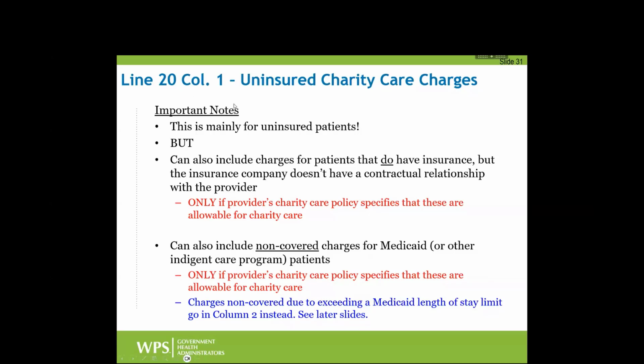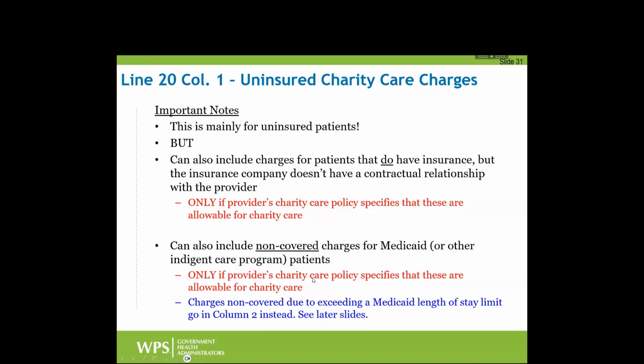So it does get included in column 1, but it only is allowed if your charity care policy specifically references that being allowable. CMS has really left a lot of the S-10 rules up to what a provider's policy allows. There are certain things that are just flat out not allowed no matter what, but most of the things, it's all about what's in your policy. It can also include non-covered charges for Medicaid, but again, only if your policy allows it.